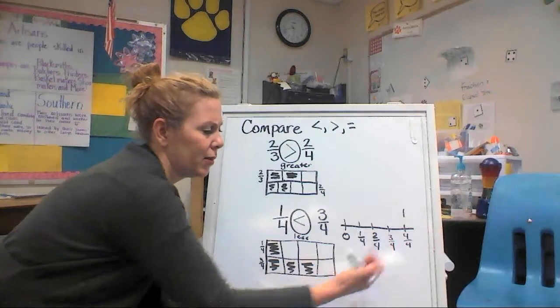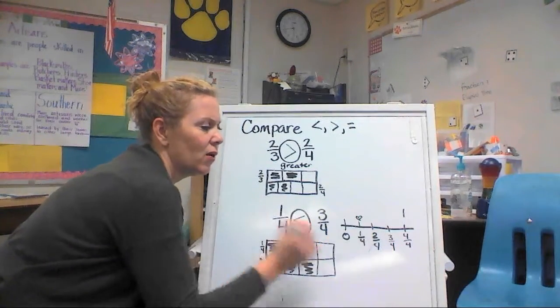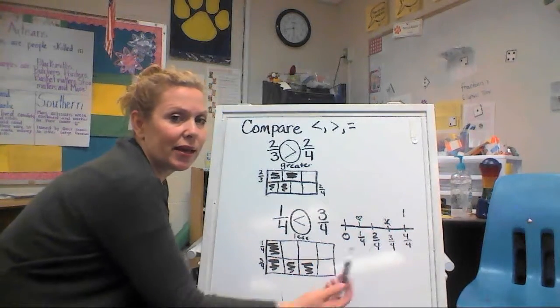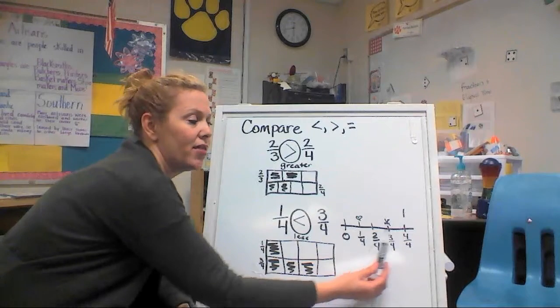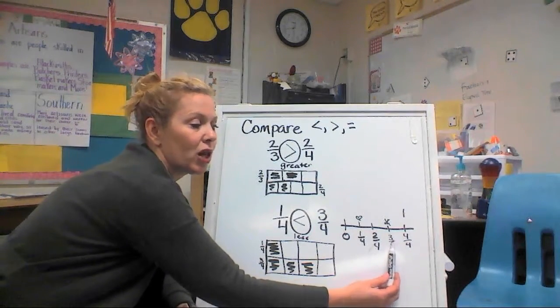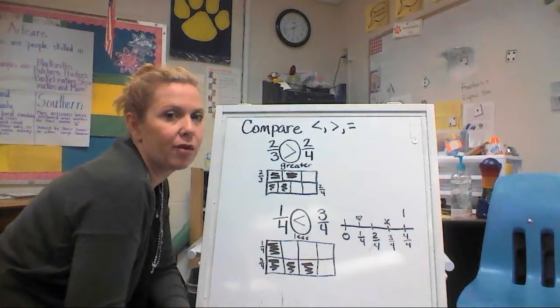But we're going to stop here because 1/4 is here, 3/4 is here, and I can clearly see on my number line that 3/4 is further in the number line. It's much closer to that 1 whole as compared to that 1/4.